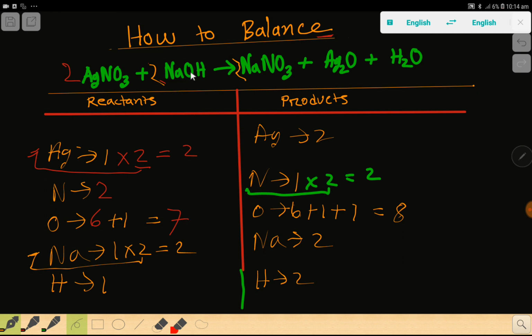The number of oxygen will change, that is you have to change here, 2 plus 6 gives you 8, right? Okay, the number of hydrogen will be changed, so you have to write here 2.